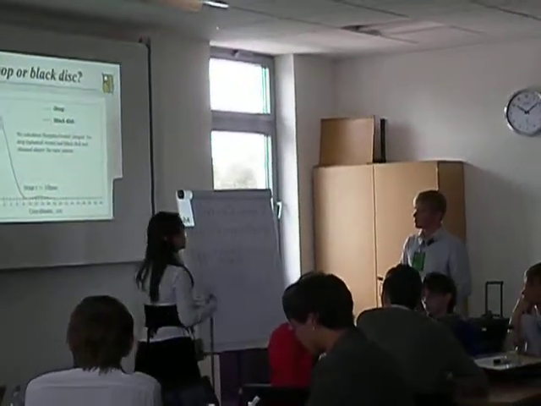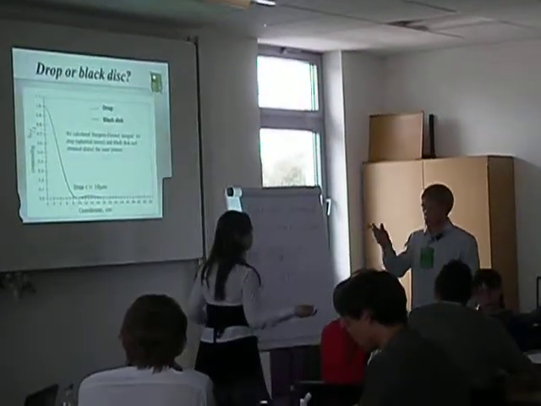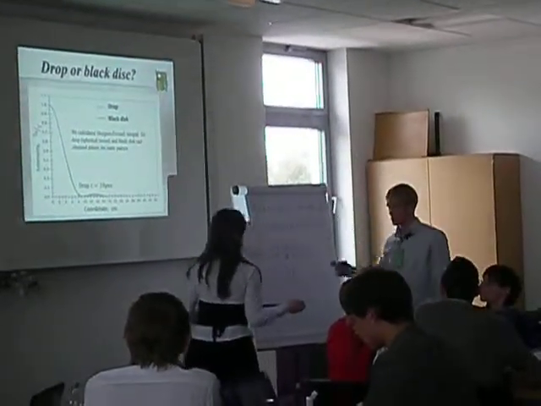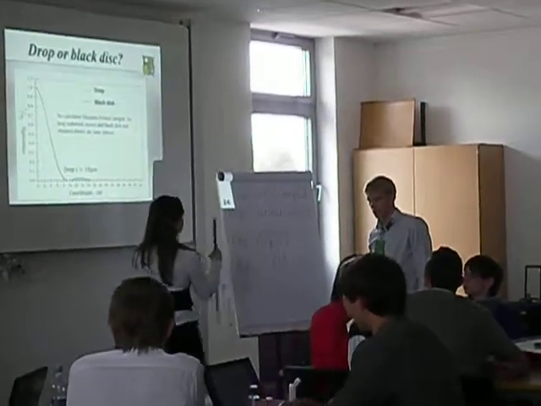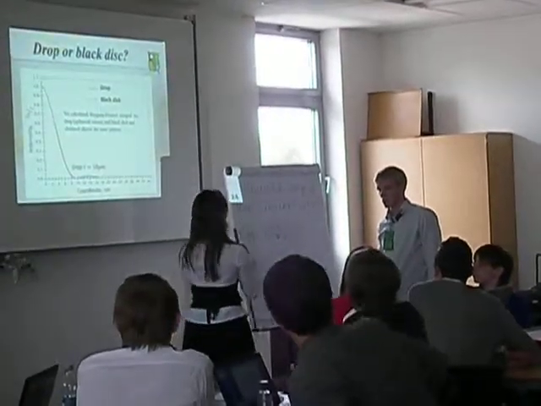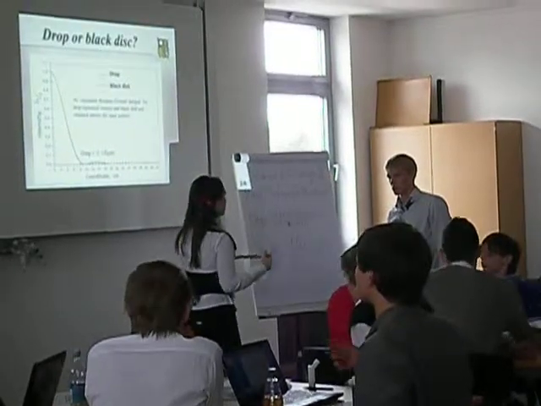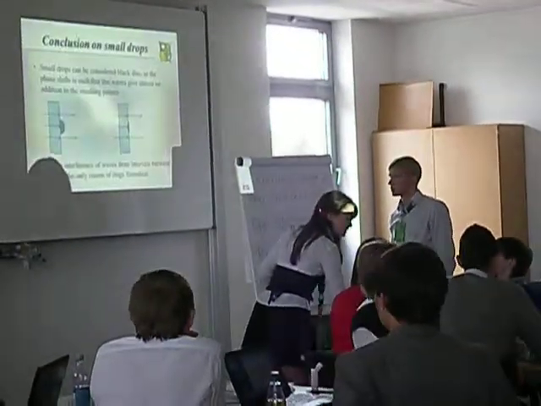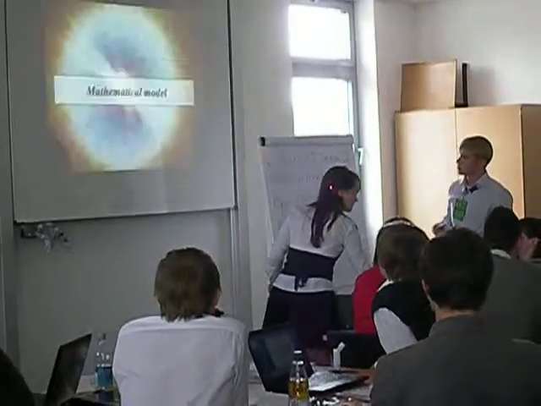That's why we can say that the phase difference is quite small. What is the main difference between drops and a black disk? When we have a black disk, we have diffraction only at the border of our drop. And when we have a drop, we have some different paths inside the drop.